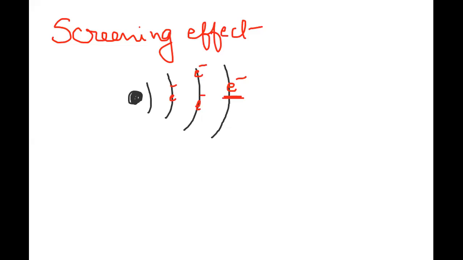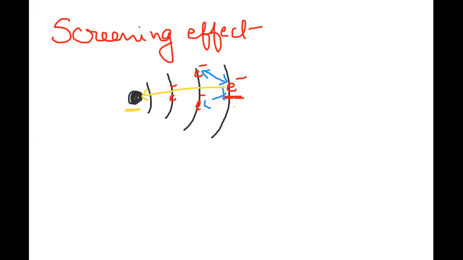Now, what will happen between these? There is going to be inter-electronic repulsion. This is applicable when you are having multi-electron atoms, obviously. If I show the attractive force of the nucleus on the electron with yellow, between the electron in question and the nucleus you have other electrons.